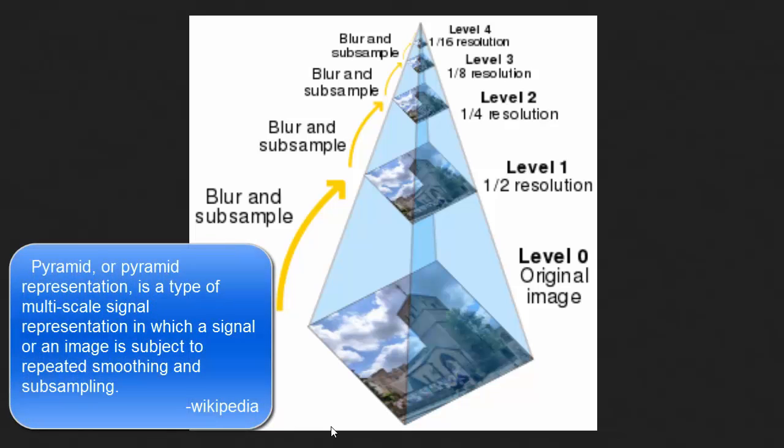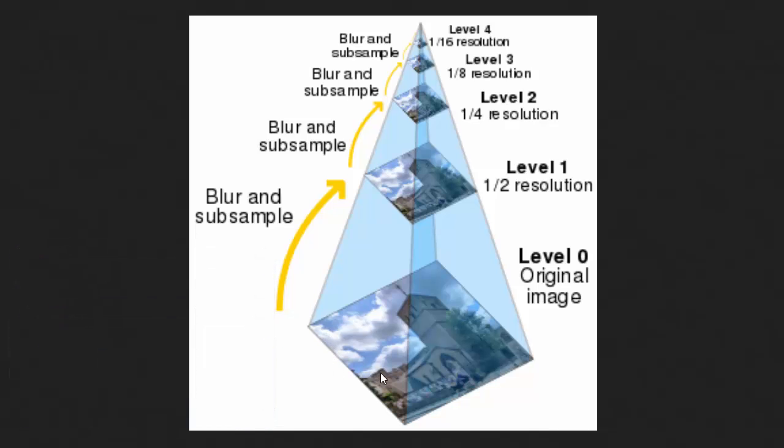A pyramid or pyramid representation is a type of multi-scale signal representation in which a signal or an image is subject to repeated smoothing and subsampling. When you create a pyramid of images, it will look like this. Let's say this is the original image at the bottom.